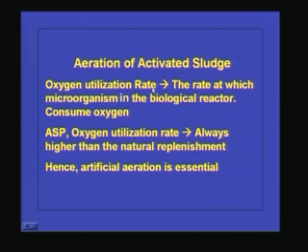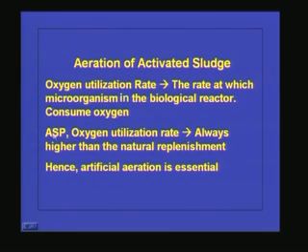So, what is the requirement of aeration? The oxygen utilization rate of the activated sludge process is much higher compared to the oxygen transferring to the system. The rate at which microorganisms in the biological reactor consume oxygen is known as oxygen utilization rate, or OUR.